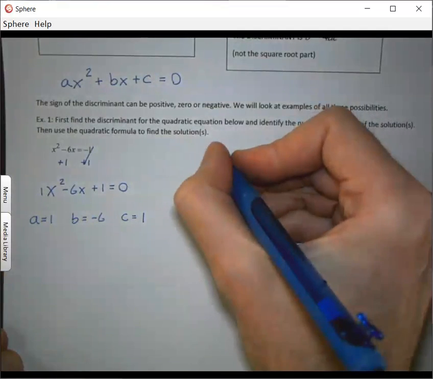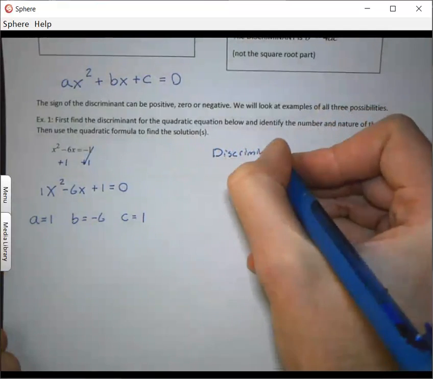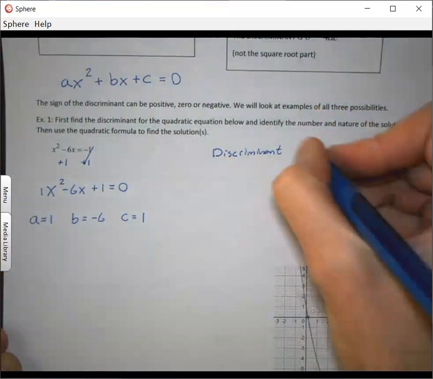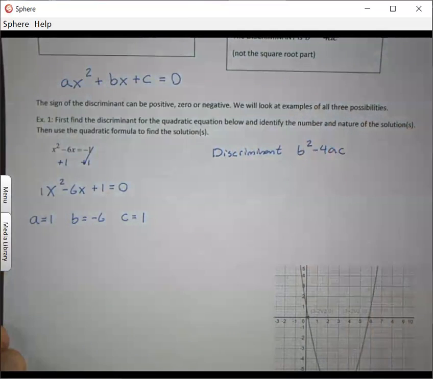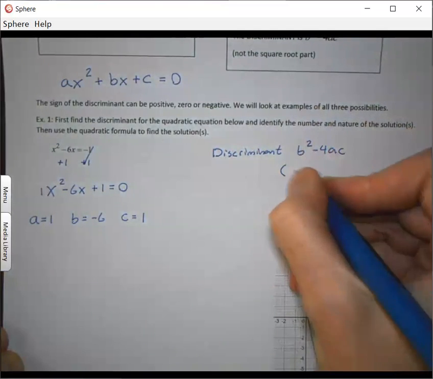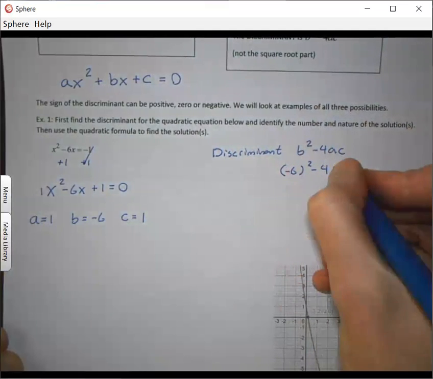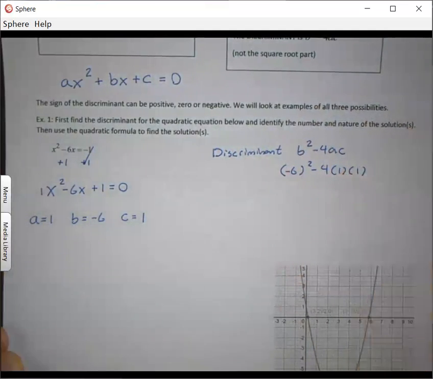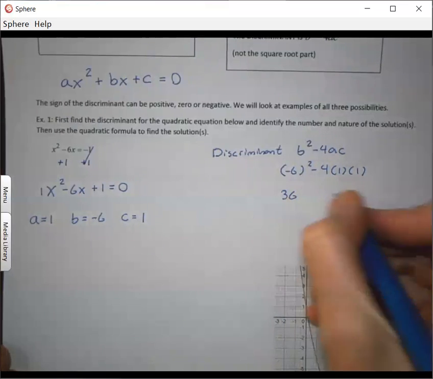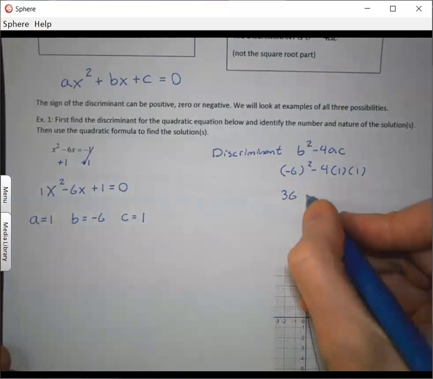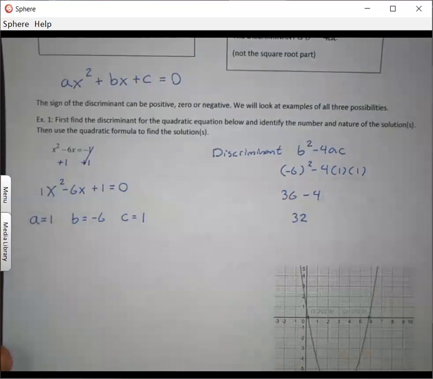So first we want to find the discriminant, or b squared minus 4ac. So b is -6, minus 4ac. -6 squared is 36. -4 times 1 is -4, so we get 32.